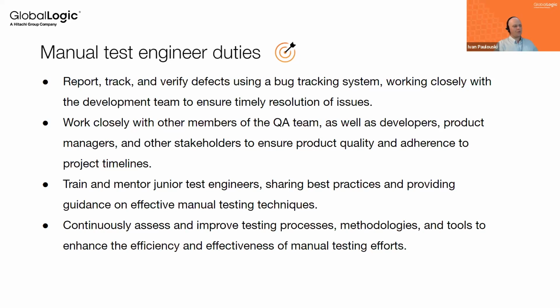Continuously assess and improve testing processes, methodologies, and tools to enhance the efficiency and effectiveness of manual testing efforts. Going through what you do and checking the places where it can be improved.